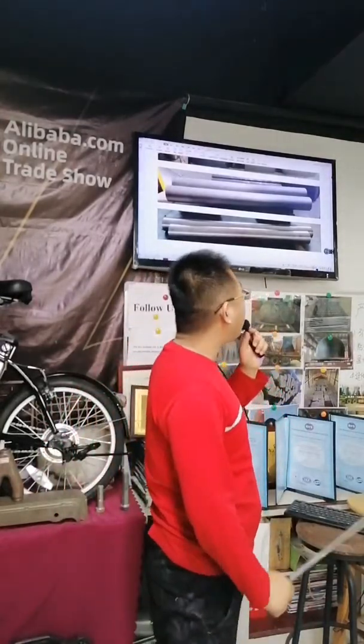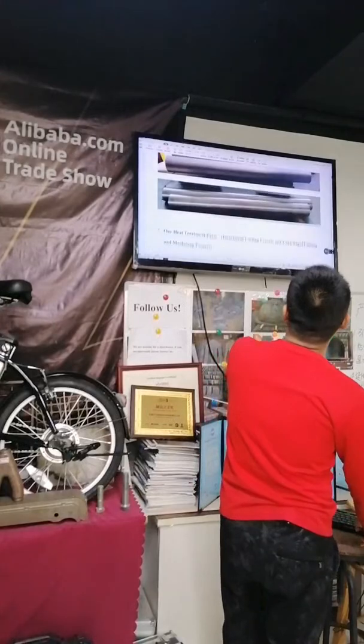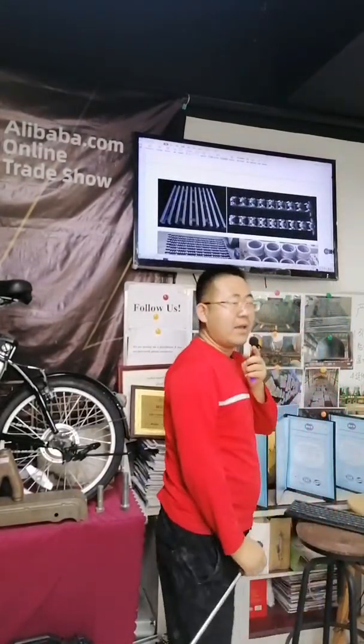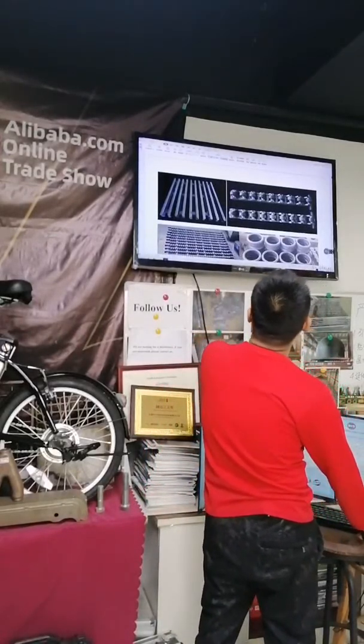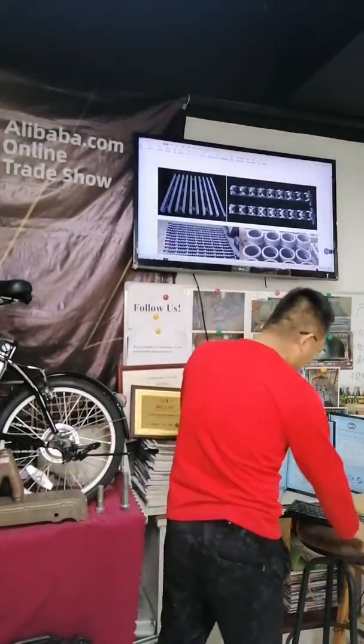This side is about 260 millimeters and the other side is about 184 millimeters, and the high side is more than 2,800 millimeters.